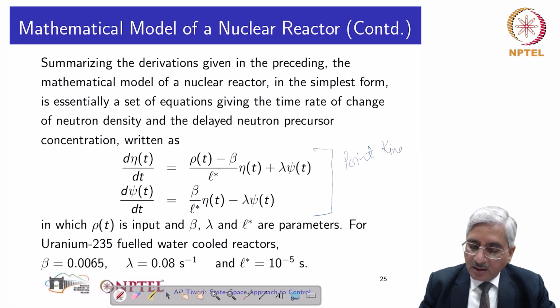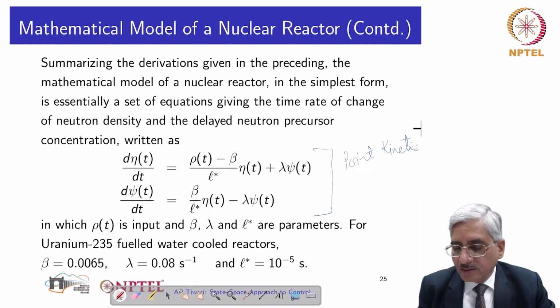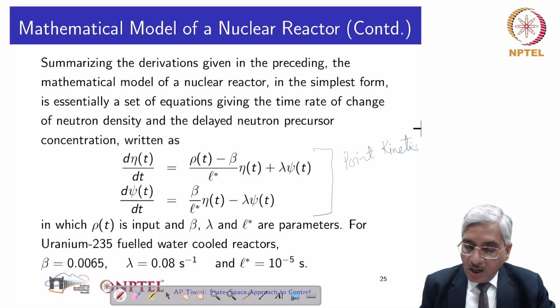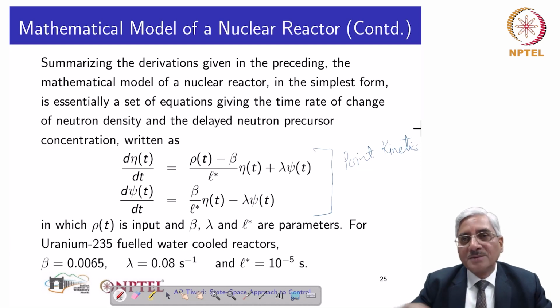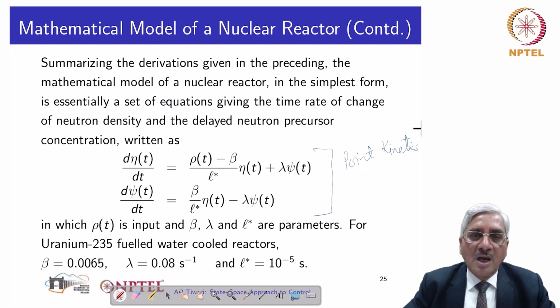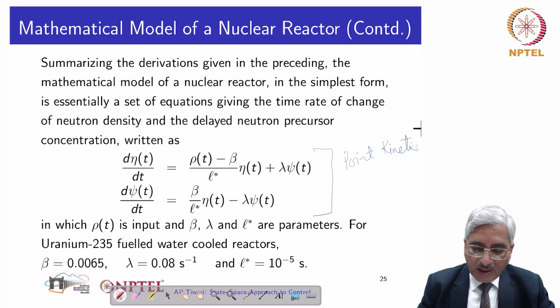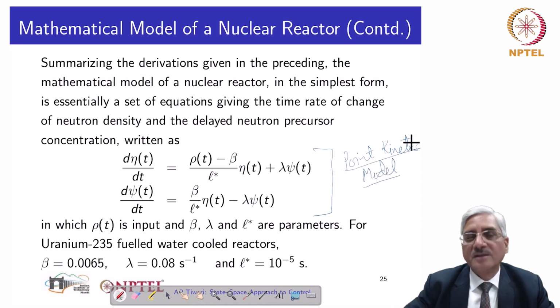So essentially in the core, because the core is a few meters in diameter and height or length, a cylindrical core, every location may have different interaction rates for the same phenomena, fission and absorption. They happen everywhere in the core, but there may be minor differences here and there. And the average characteristics is represented by this point kinetics model. Just now what we derived is known as the point kinetics model.